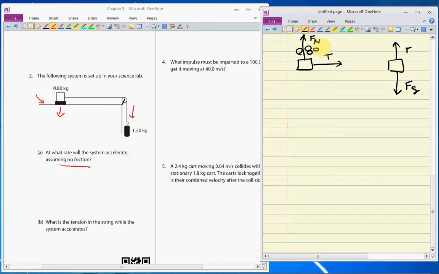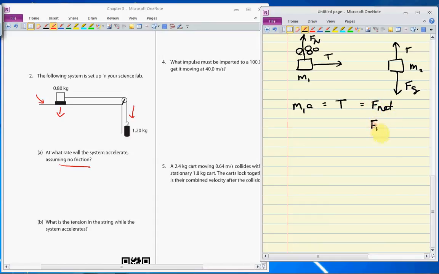So we can then say that for this mass 1, let's call this mass 1 and this mass 2, we could say that M1A is equal to tension. The tension being the force that is able to accelerate that. This is why it is equal to F net.